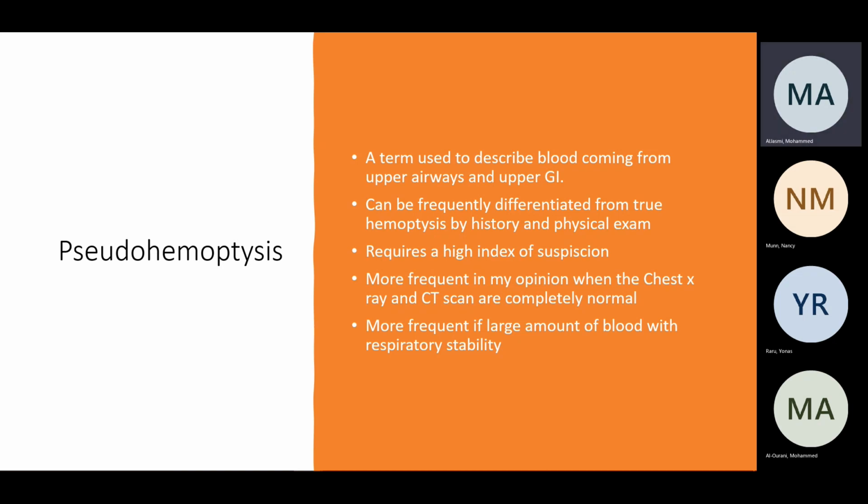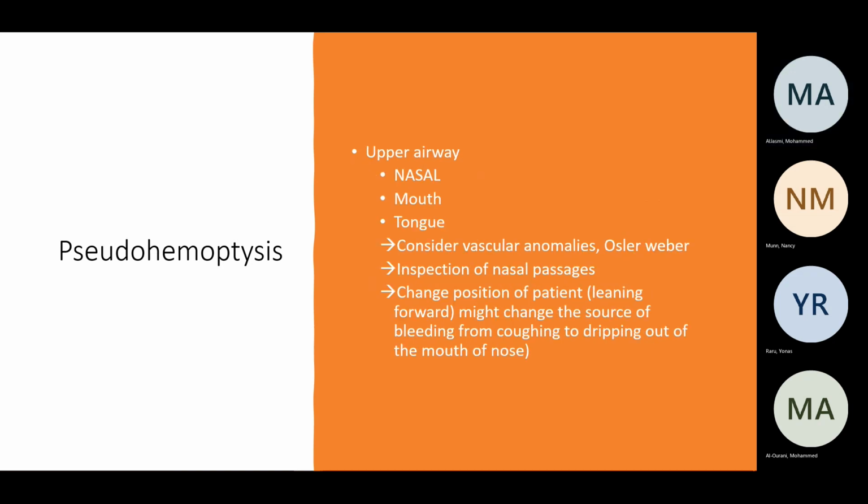It is very hard for someone to have a massive hemoptysis with normal lungs on chest X-ray or CT scan. It's almost impossible, right? So upper airways, usually nasal passages, are where you get most of them. You have to consider Osler-Weber and all of these things that can cause nasal and pharyngeal abnormalities.